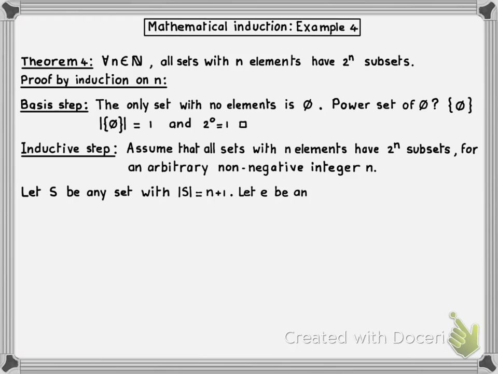Now let's pick one element from that set and call it E. For this step to be correct, we have to make sure that E actually exists, and that is the case. Why is that?